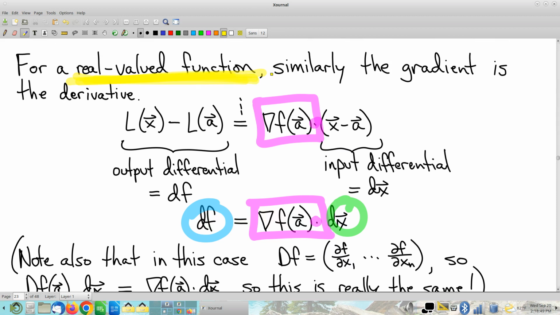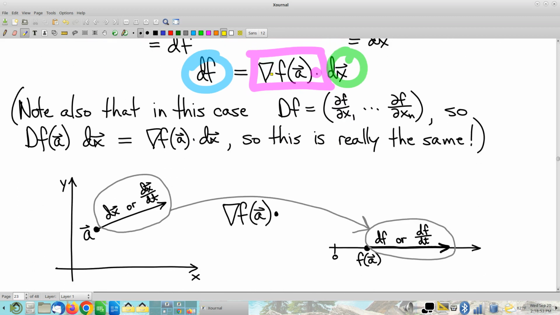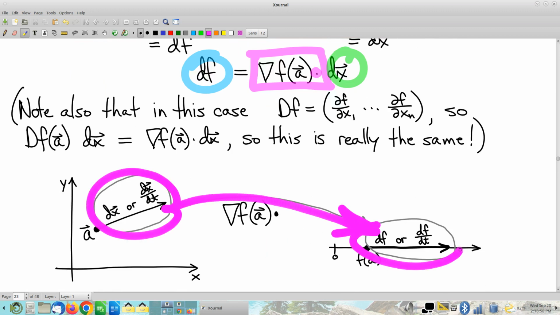Right? But in that case, when you're talking about a real valued function, you kind of have a choice. You can think of this process that turns input vectors into output vectors as multiplication by the DF matrix, or, if you prefer, as dot product with the gradient vector. It's really the same arithmetic.